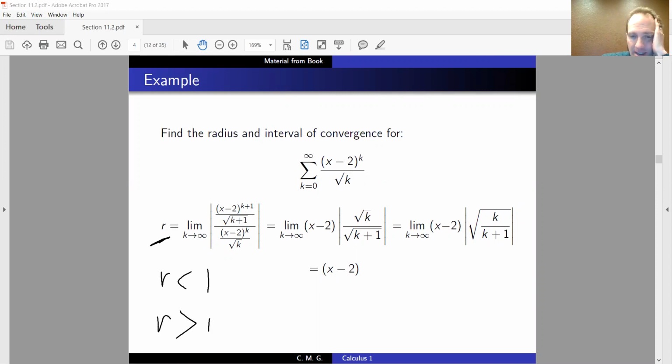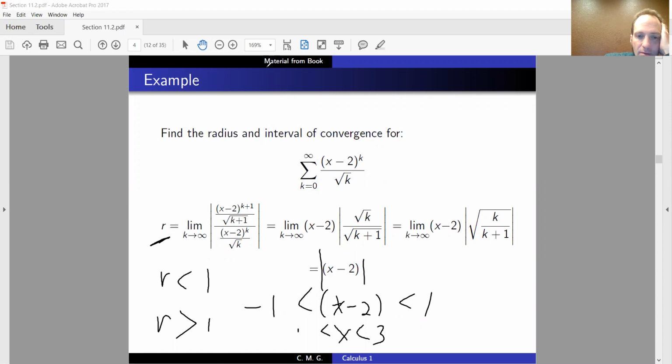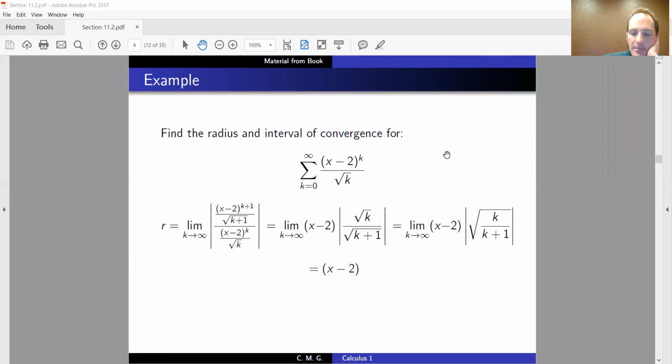So that means this |x − 2| needs to be less than 1, which, getting rid of the absolute value, means x − 2 is between −1 and +1. And so x is greater than 1 and less than 3. So somewhere between 1 and 3 is a guaranteed absolutely convergent series.